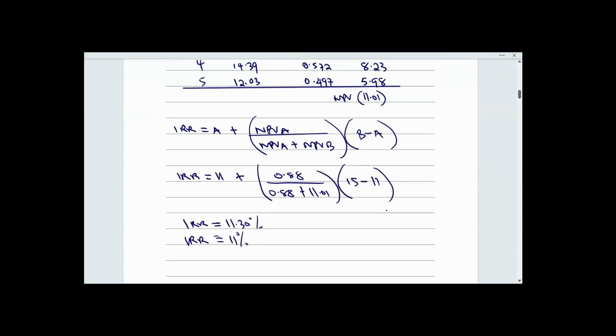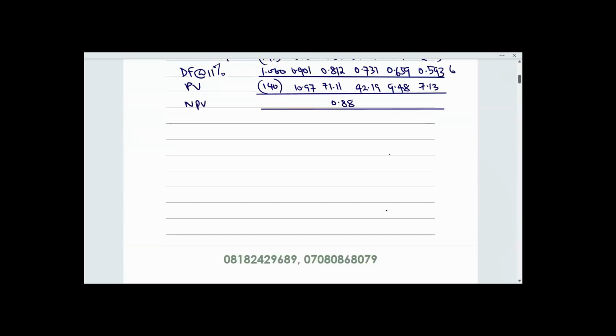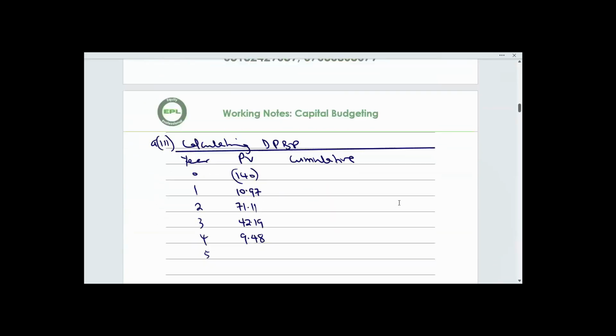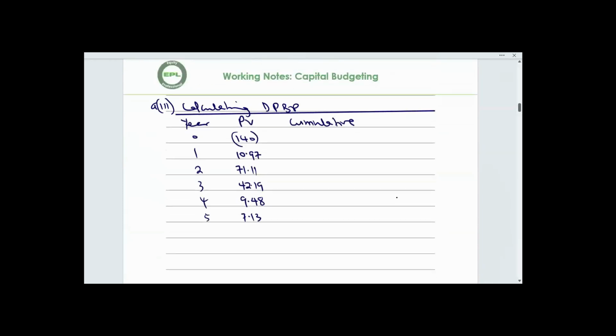In year 4, it was 9.48. Then year 5, we got 7.13. So we want to use this present value to recover the initial investment of 400.